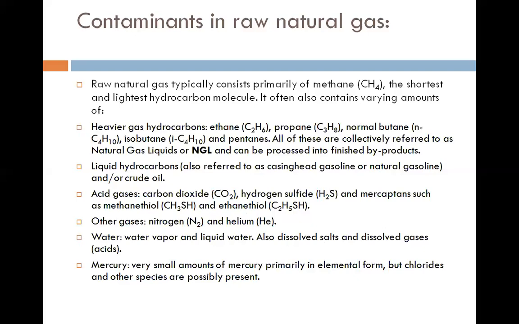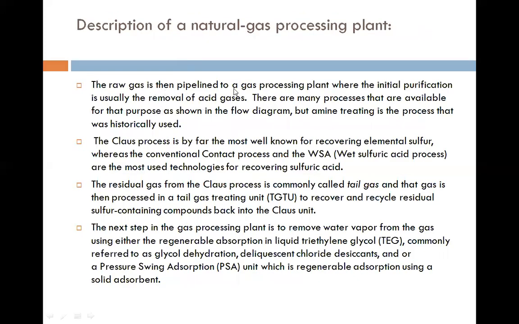The raw natural gas is piped to a gas processing plant, where the initial purification is usually removal of acid gases. Now, among acid gases, the first removal is hydrogen sulfide. As hydrogen sulfide is an acid gas, we remove it as sulfur. Sulfur can be recovered by the Claus process, contact process, or wet sulfuric acid process, which are the most used technologies for recovering sulfur.